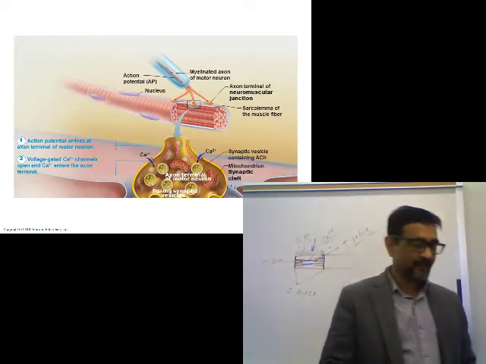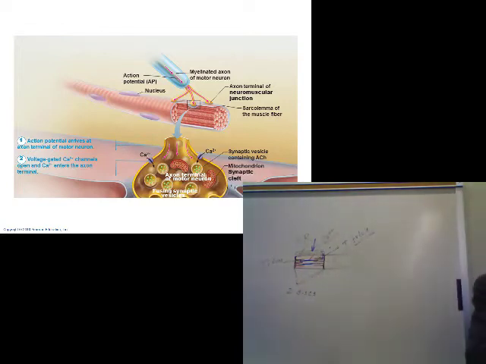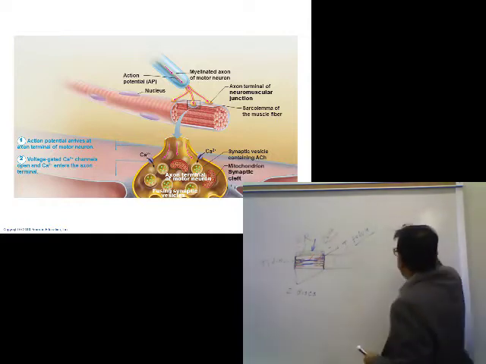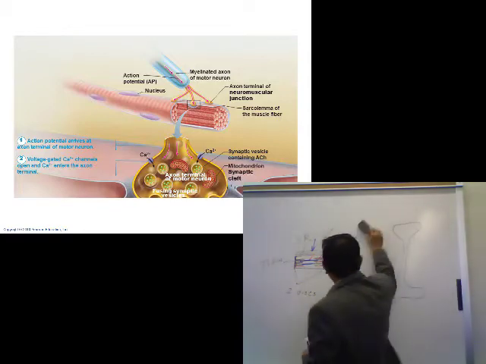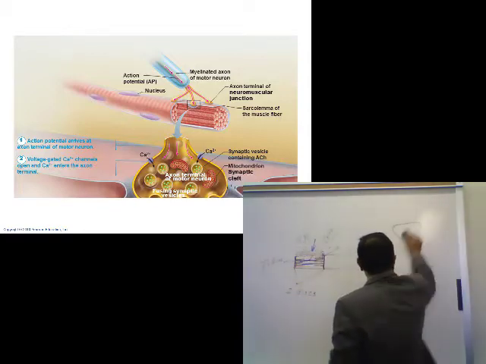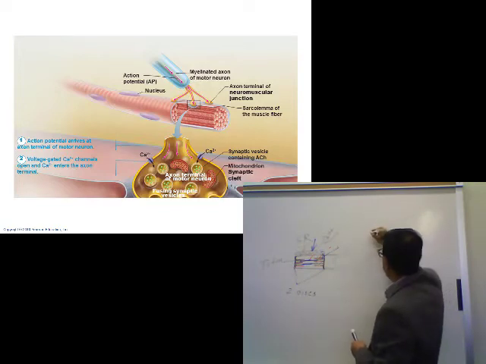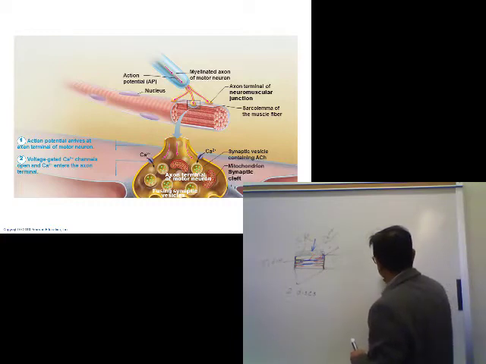That's the junction. First let me show you a neuron. This is a neuron. This is the axon terminals, the cell body of the neuron, dendrites. You already know this structure.